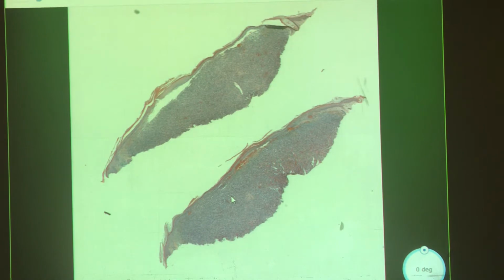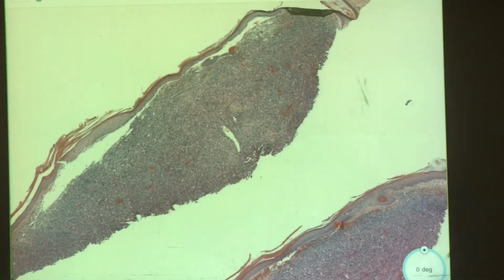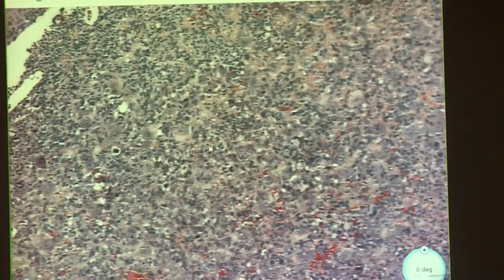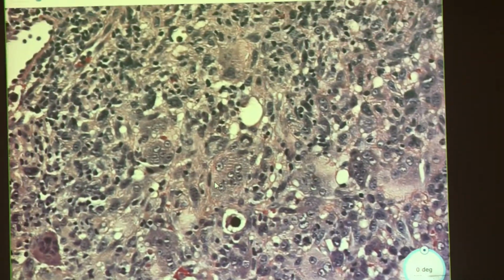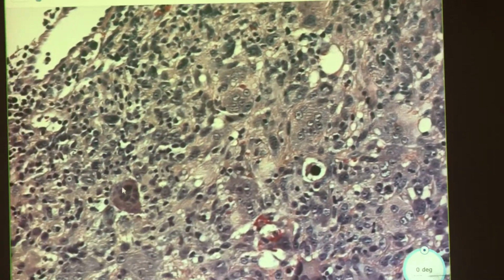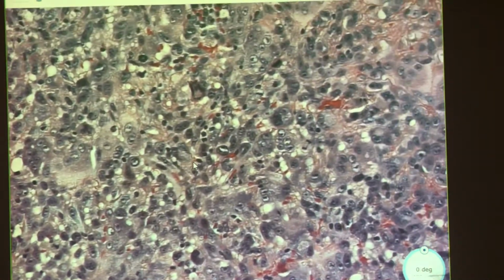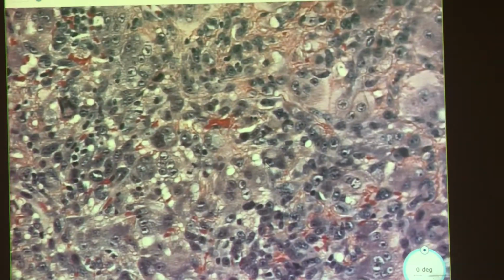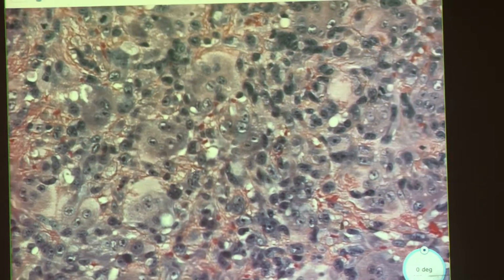Okay, well, we have a lot of things going on here, so it's very busy. So I'm just going to zoom in. What's happening here? I see some giant cells, and I see a lot of giant cells, it seems.